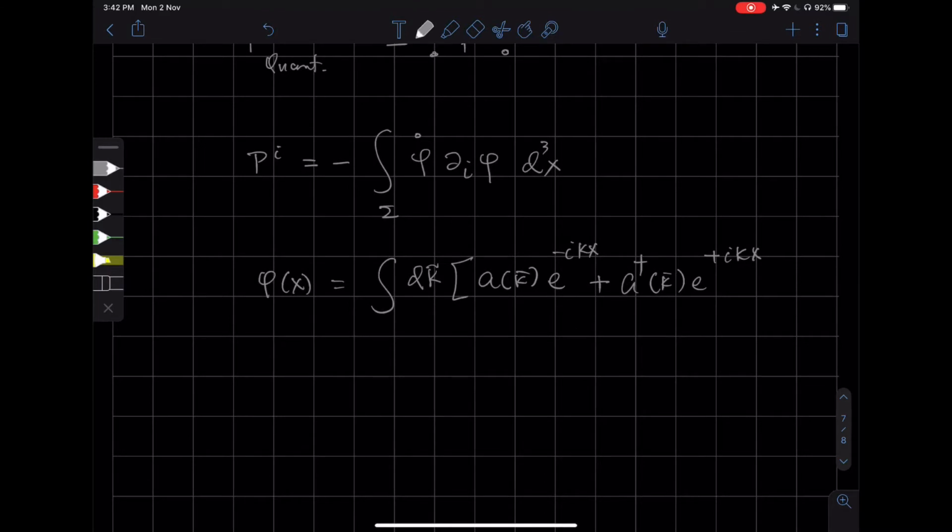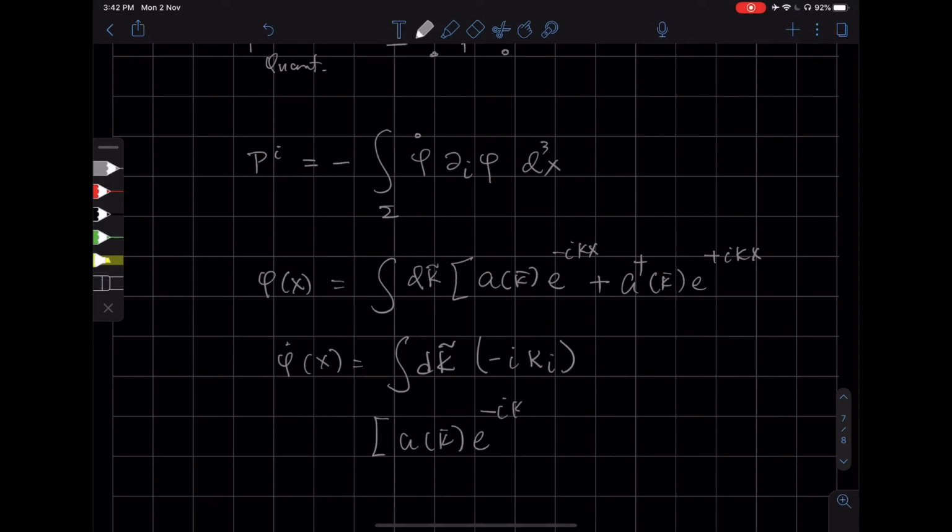And therefore, phi dot of x is going to be given by the derivative with respect to time, which is going to bring down a factor of minus I E_k from the first term. The rest of the term is going to be the same as before. For the second term, this is going to give rise to a minus sign.